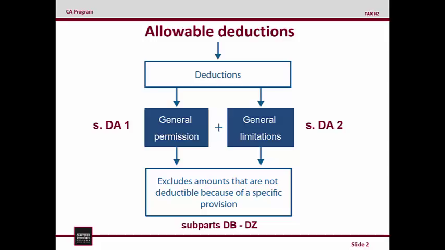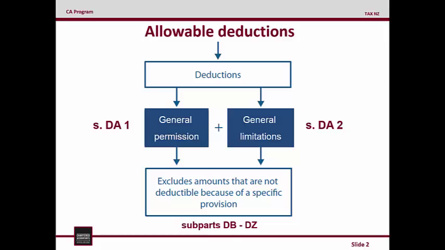An amount of expenditure needs to meet the criteria in the general permission as a starting point, but then also not fall into any of the categories within the general limitations. At this point, the amount is deductible unless it is specifically denied in the rules in subparts DB to DZ.